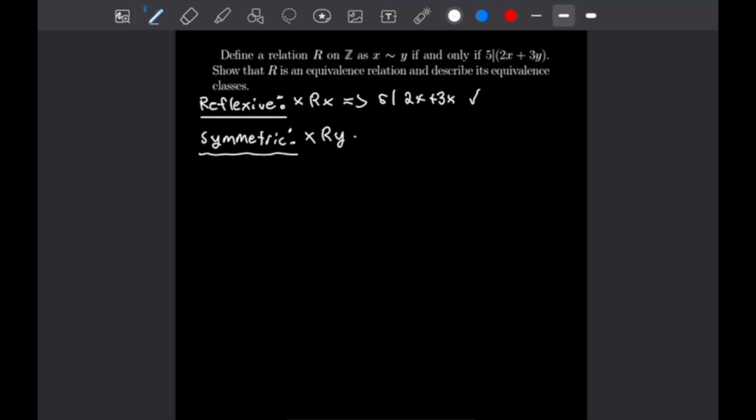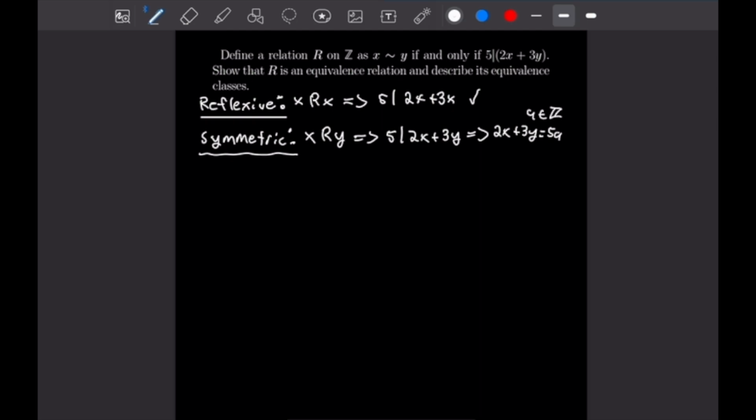So if x is related to y, that means that we have that 5 divides 2x plus 3y. But now we can use the definition of 5 dividing 2x plus 3y to write that as 2x plus 3y is equal to 5 times a, and we'll let a just be some integer.